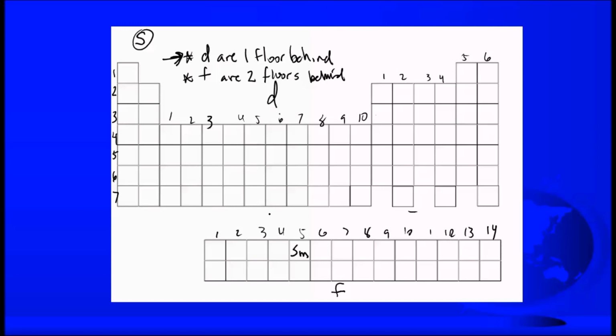Seaborgium is number 1, 2, 3, 4. Wow. Seaborgium, named after an actual Oak Ridger, Glenn Seaborg. All right, start one step at a time. Come on.